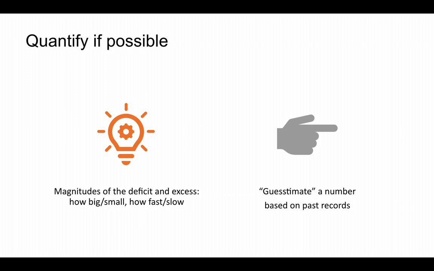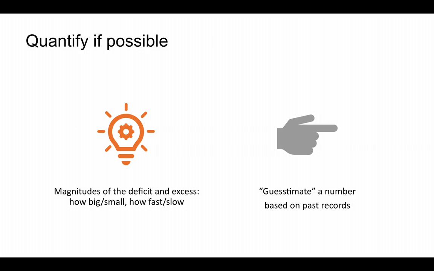Now, quantify it if possible. This is especially important if you want to go into the details to solve a problem. We are going to talk about policy analysis cases that involve quantified evaluative measures. First, of course, you need to think about the magnitudes of the deficits and the excess. How big, how small, how fast, how slow.